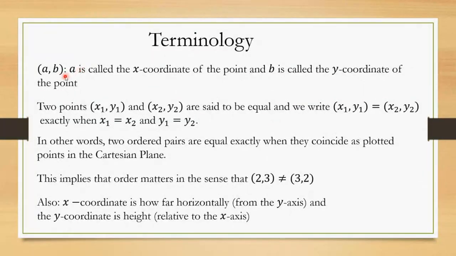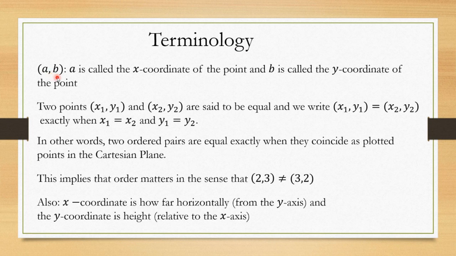The point A, B. When you have any point, the first number, we call that the x-coordinate of the point. B, that's the y-coordinate of the point. So the first number is the x-coordinate. Again, the first number comes from the x-axis.